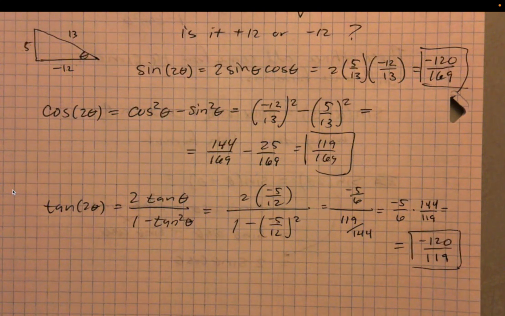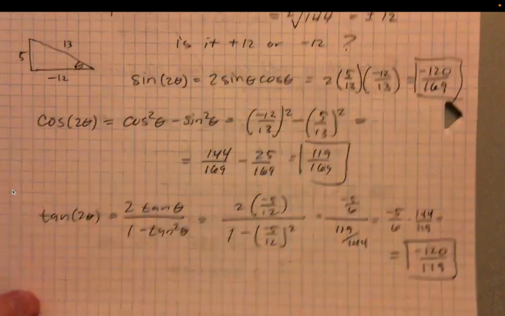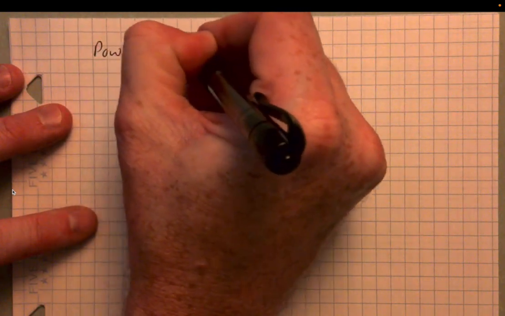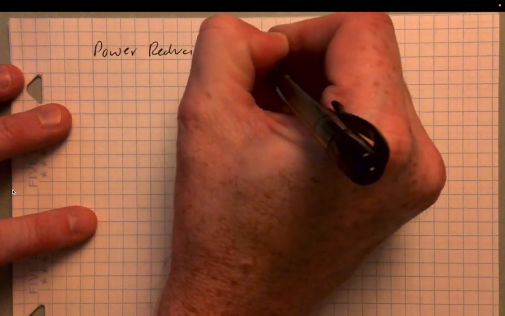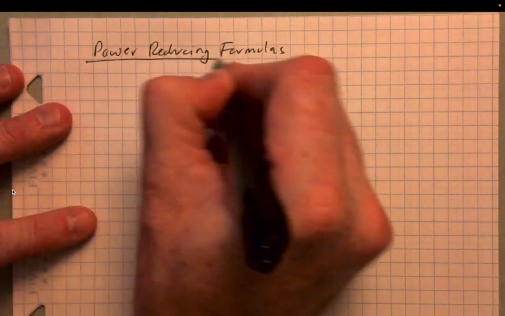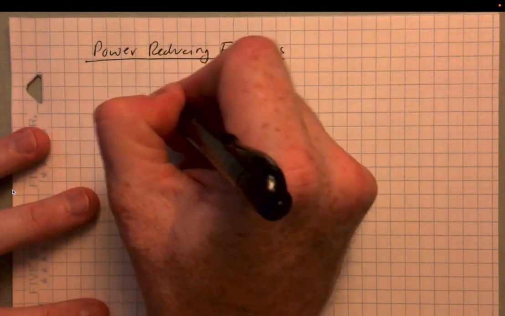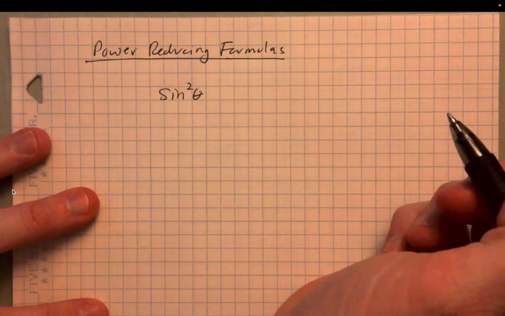Let's talk about the power reducing formulas next. These again I'll write out. The idea here is you have something like sine squared theta.